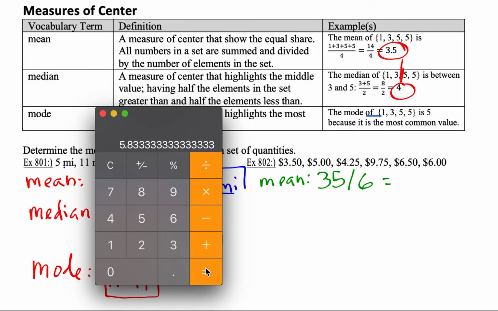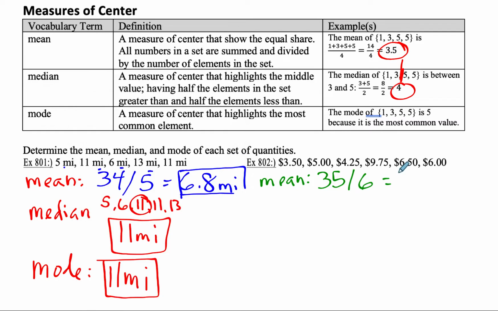Generally, you round to one more decimal place than your data. And this is in dollars. So it's $5.83 plus 3 mils, I guess.